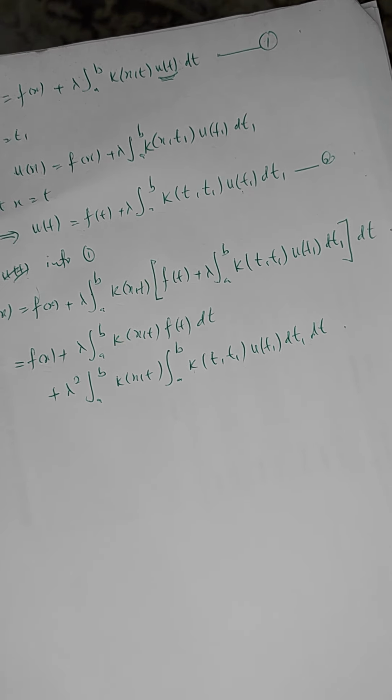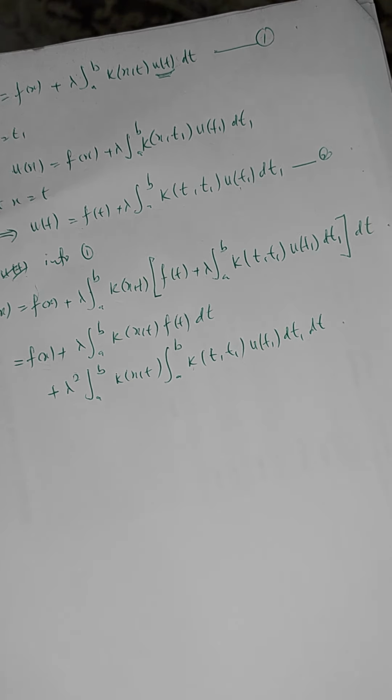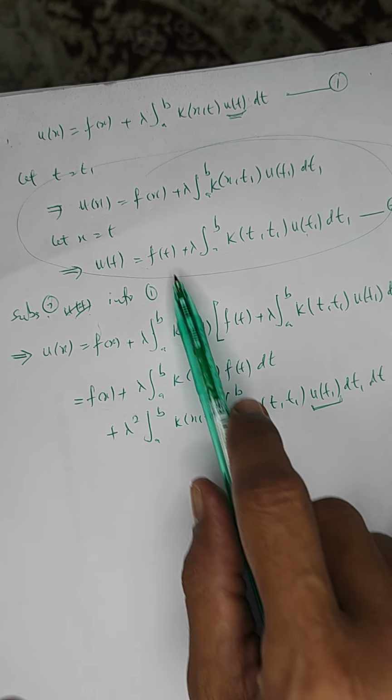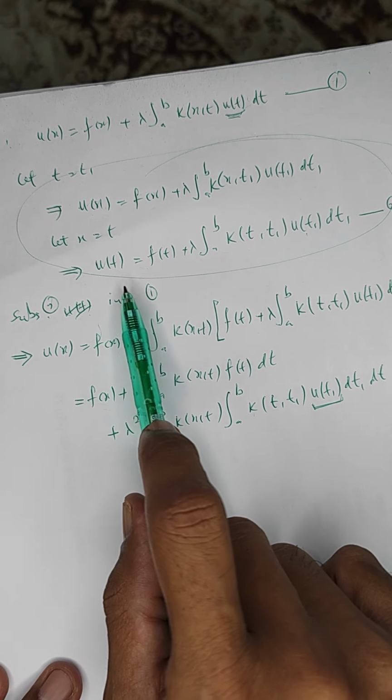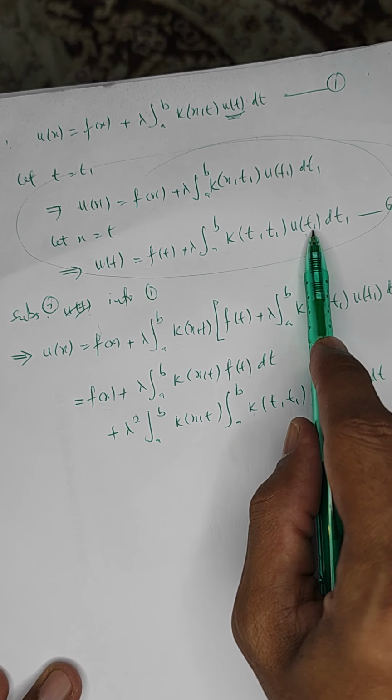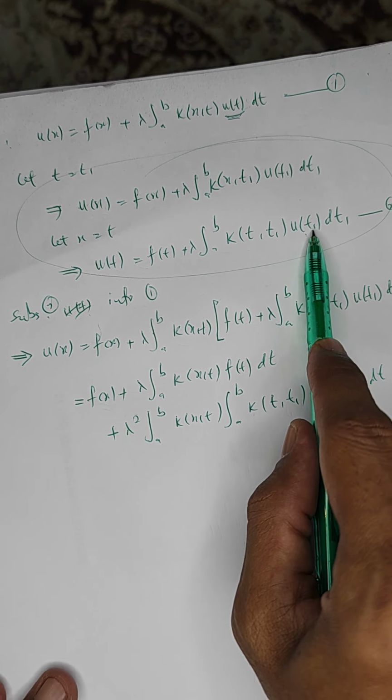Okay, now we substitute this u(t1) here, and then we apply the same approach. Applying the same approach means that for this I can change t1 into t2.